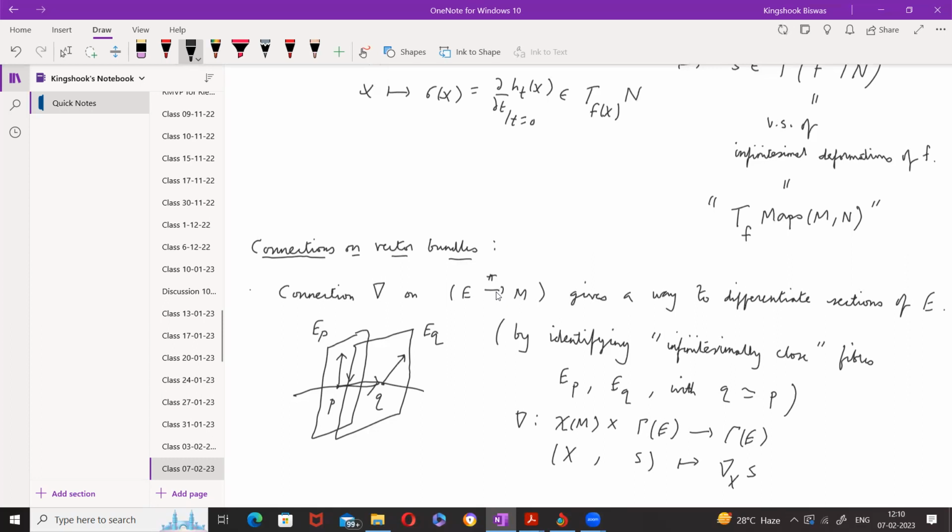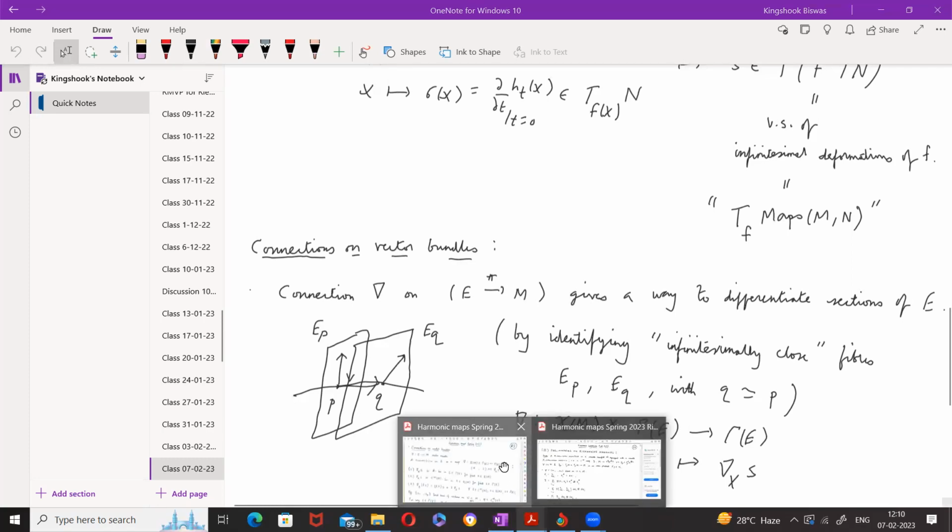This should be a differential operator, so it should be linear and satisfy the Leibniz rule. That is what we're going to take as our definition of a connection.